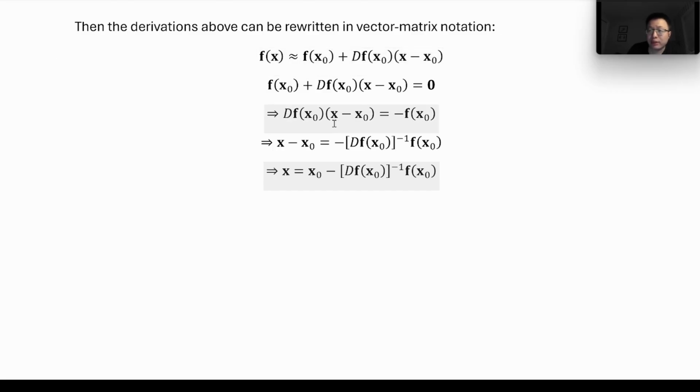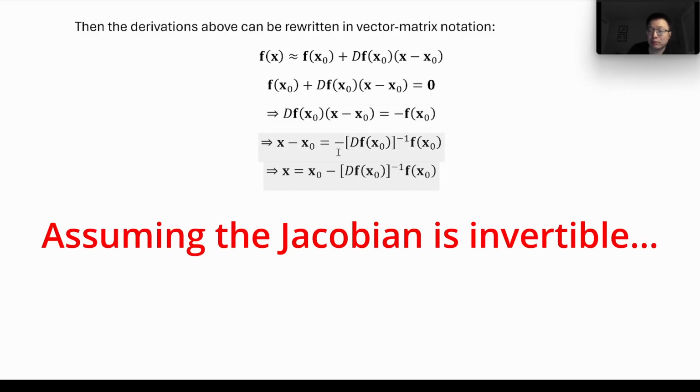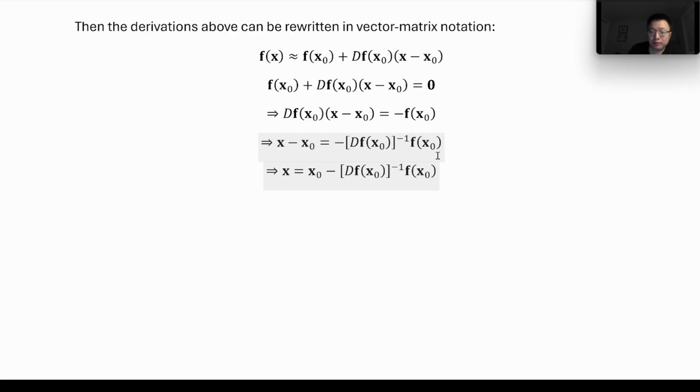This is a linear equation, or shall we say linear system of equations, in the difference vector x minus x0. So x minus x0 can be symbolically represented as minus the inverse matrix of df x0 times f of x0. And lastly, separating x, we get x equals x0 minus df of x0 inverse times f of x0.